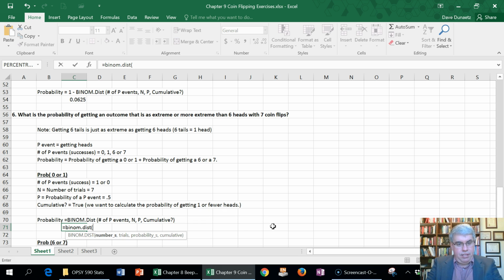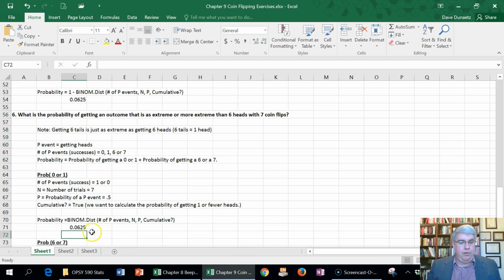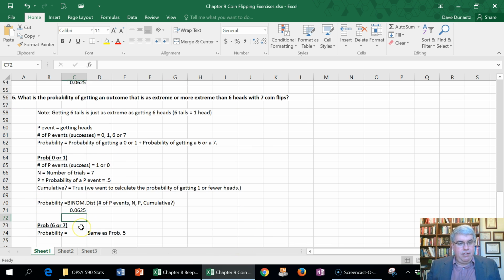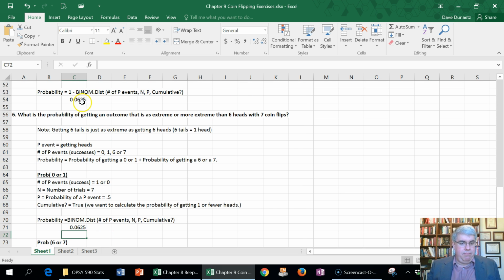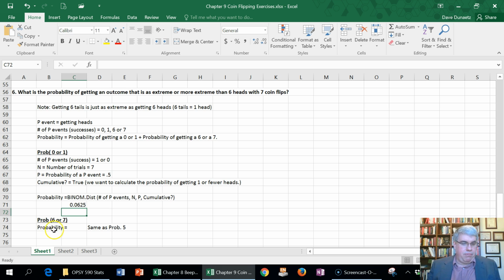Number of P events is 1, N is 7, P is 0.5, cumulative is true, close parentheses, and we get 0.0625, which is interesting, because that's the same thing that we got previously for the probability of getting a 6 or 7.